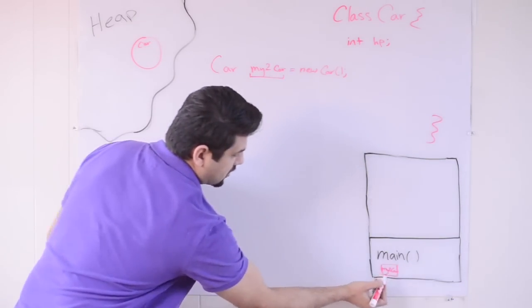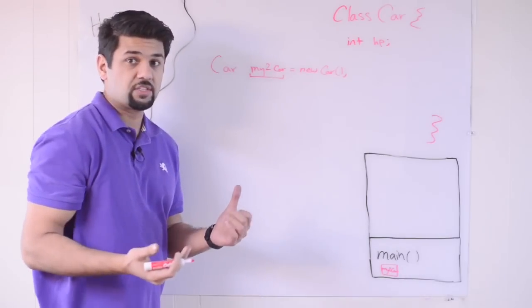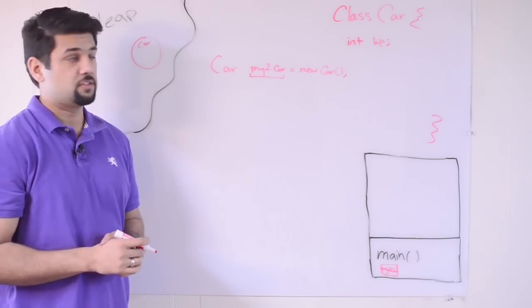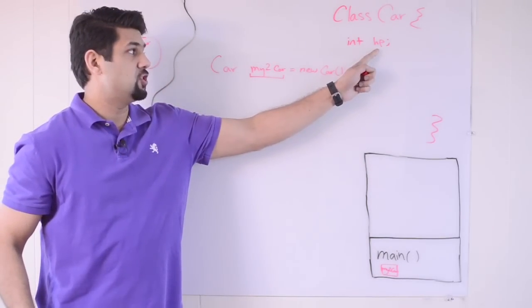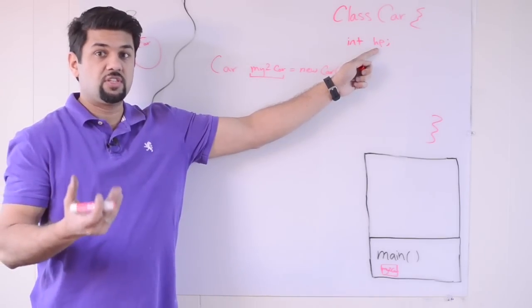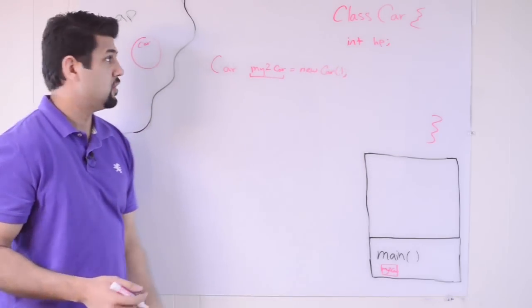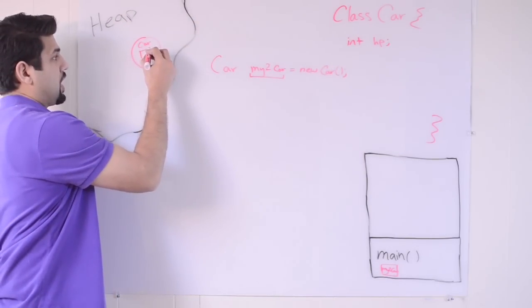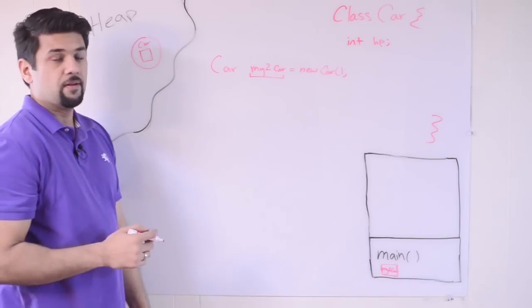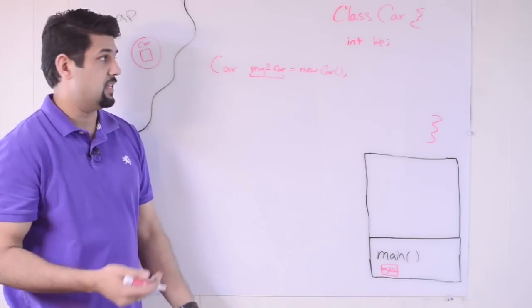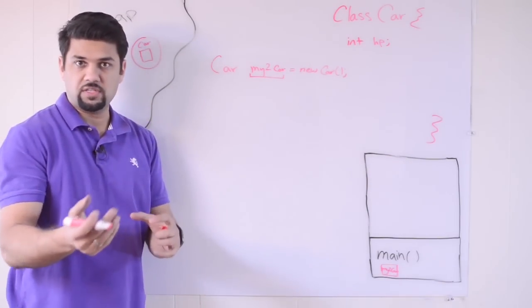All right, this variable is going to contain the address of where this car object resides. And by the way, now that we have HP as an instance variable belonging to every single object that we create of this class, it's going to have a special slot on the heap that is going to be used to maintain data for HP for every single object.